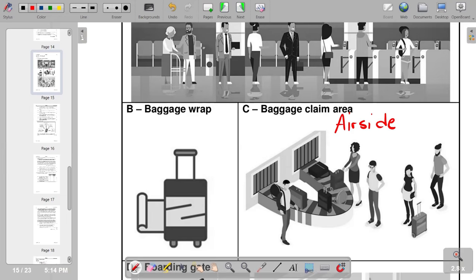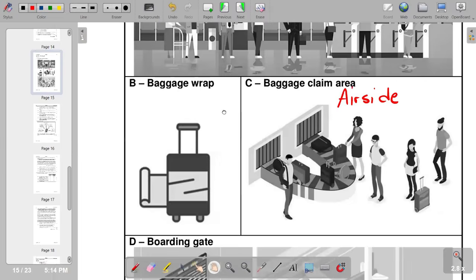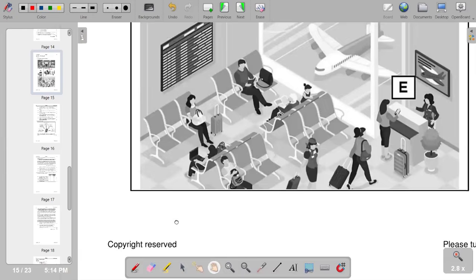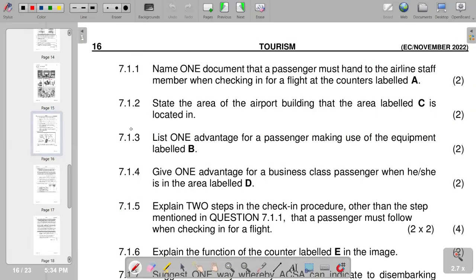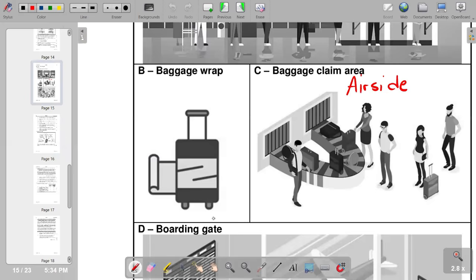Then in terms of the next question, question 7.1.3, state one advantage of a passenger making use of the equipment labeled B. Equipment labeled B is the baggage wrap.